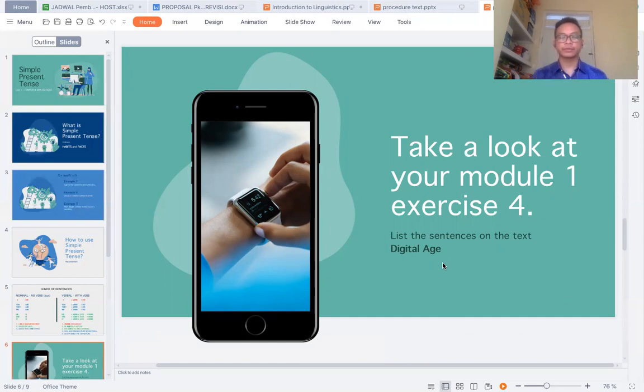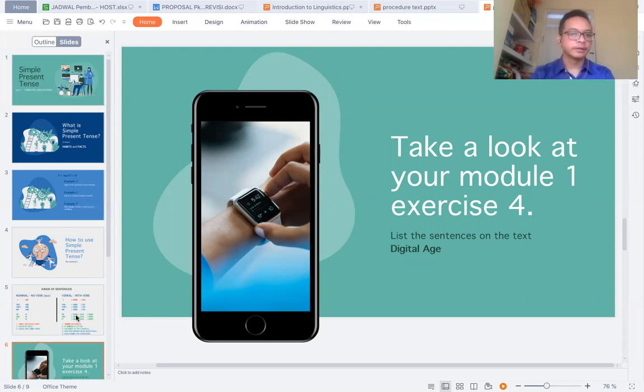Okay, you can pause the video and then you can go on to look at your modules for exercise 4. And then I will try to count to 5 to pause the video, and then I will continue to the next slide. 5, 4, 3, 2, 1.